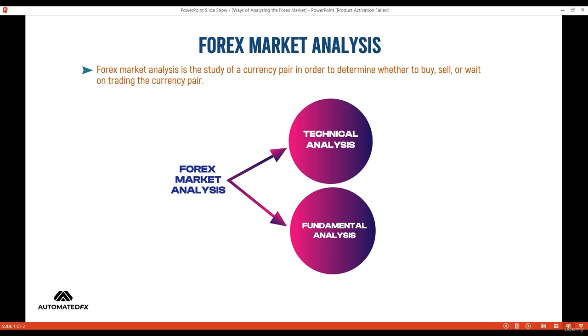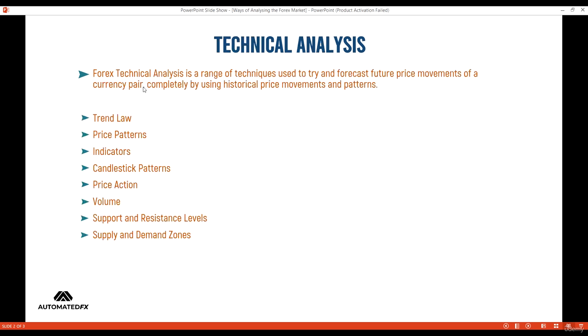These are the two ways Forex traders analyze the market in order to predict where future prices of currencies will go. Technical analysis is a range of techniques used to try and forecast future price movements of a currency pair completely by using historical price movements and patterns.